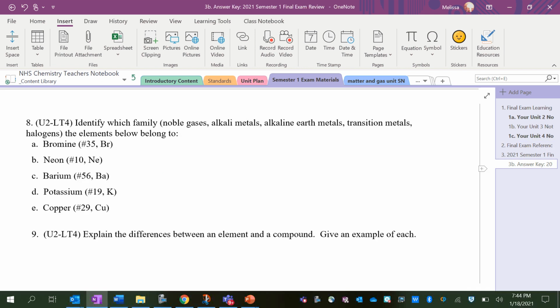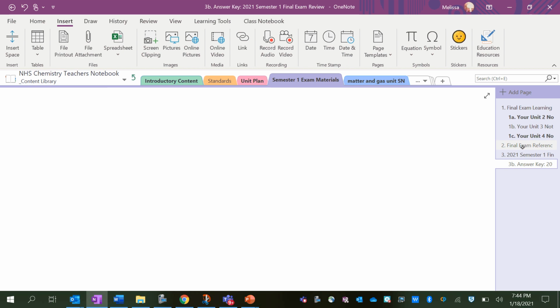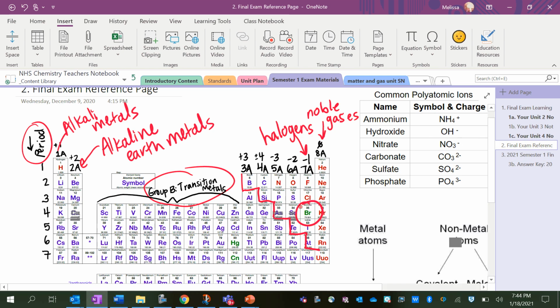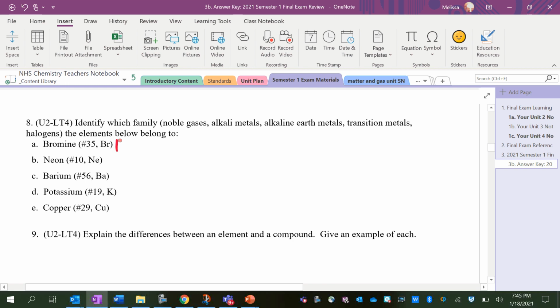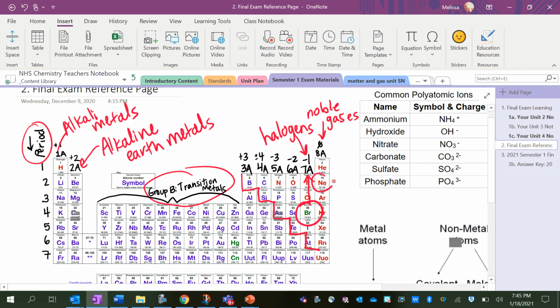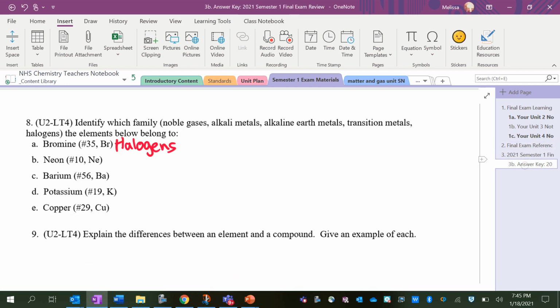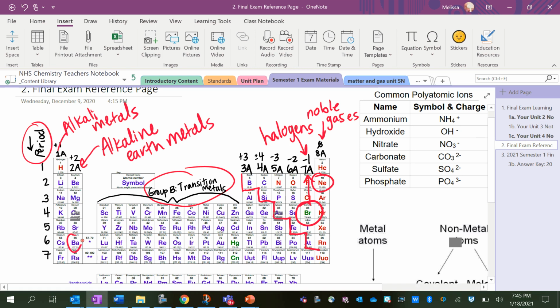So looking at our question here, it says, what about bromine, number 35? So let's look. Bromine, number 35, is in group 7A. So that means it's one of the halogens. Number 10, neon, that is in group 8A. So that is one of the noble gases. Barium is number 56, right here.